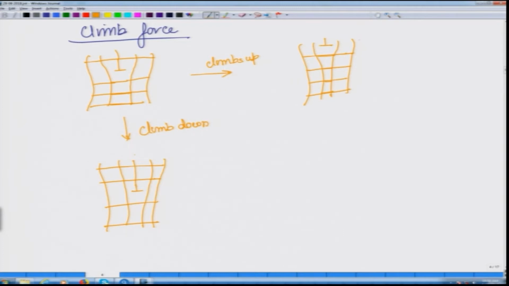Now, what happens when it is climbing up? When it is climbing up, the one particular layer or row of atoms which was present over here must go out. So, in this particular case, atoms move out, and it would mean that vacancies must move in.